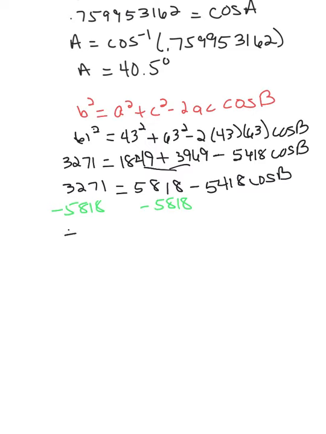So we get negative 2097 equals negative 5418 times the cosine of B. Divide both sides by the negative 5418.